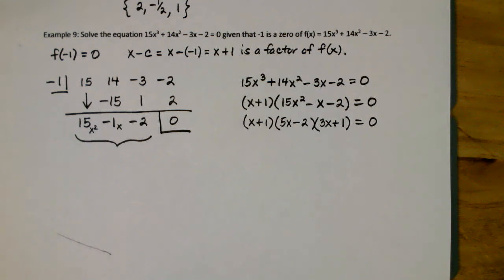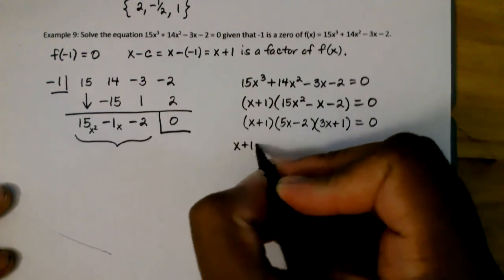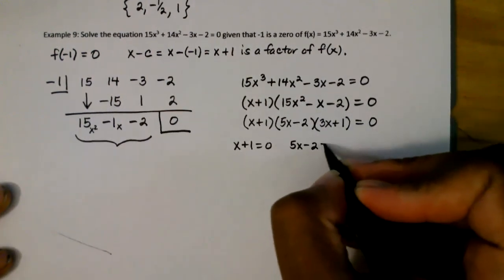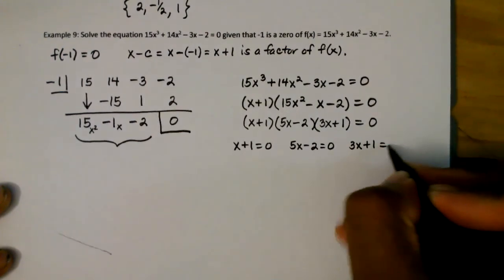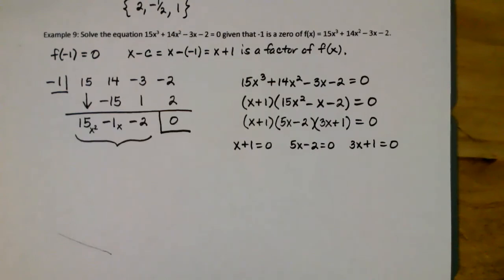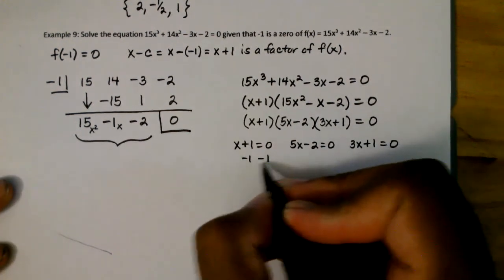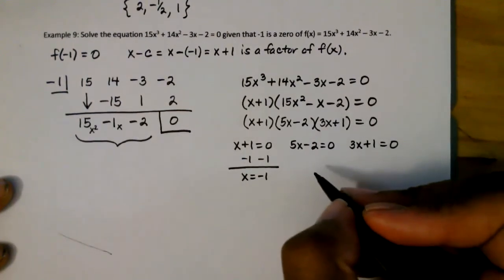Then set each binomial factor equal to 0. So this will be x plus 1 equal to 0, 5x minus 2 equals 0, 3x plus 1 equal 0. And each equation we will solve for x. For x plus 1 equal to 0, if I subtract 1, x is equal to -1.